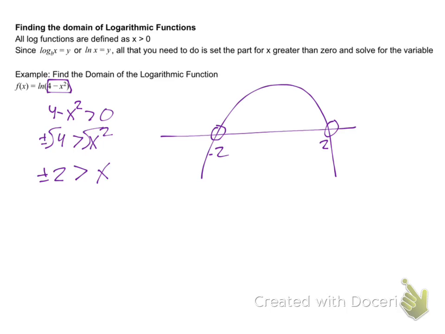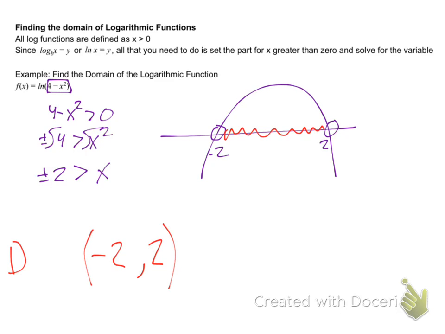It's where it's above, right? Here. This part. So the answer to this question, it's not all real solutions. It's from negative 2 to 2 with what on the end? Parentheses, because it can't be equal.